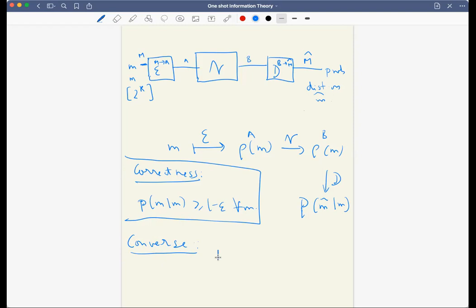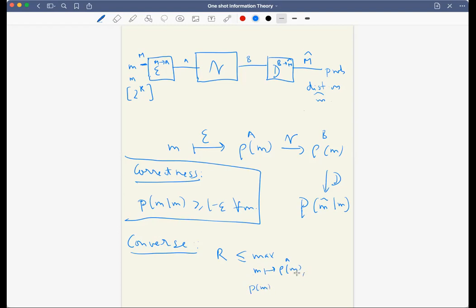So I claim that R is less than the max of D_H, where the maximum is over encodings m to rho_A^m, and I put a probability distribution on m also.